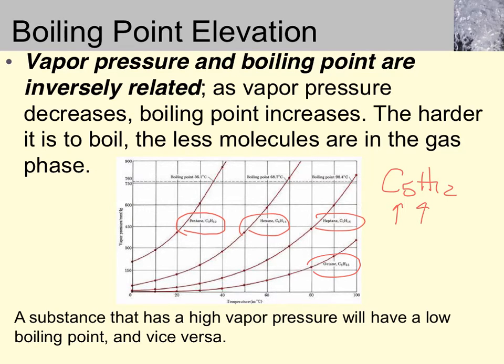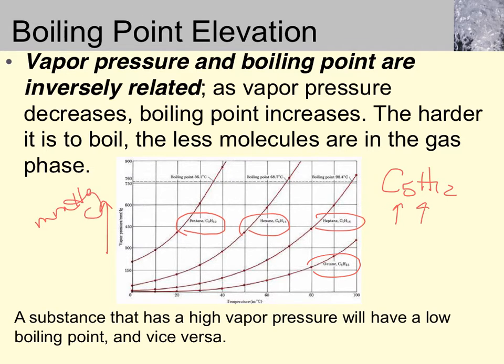So let's look at it for a minute. Remember that boiling point is defined as the temperature at which vapor pressure equals atmospheric pressure. So where is atmospheric pressure? Well, this y-axis is not in atmospheres, it's in millimeters of mercury.